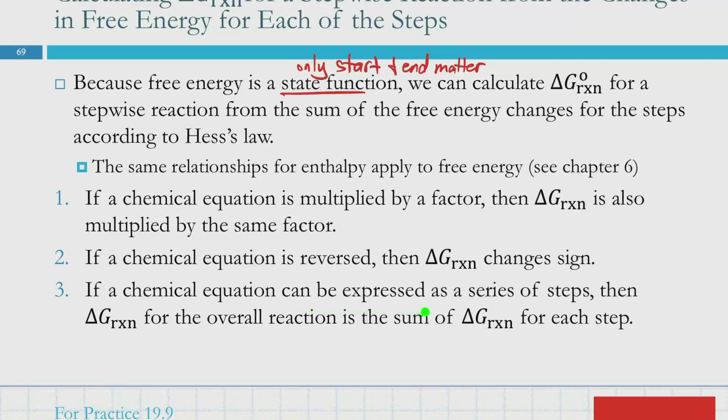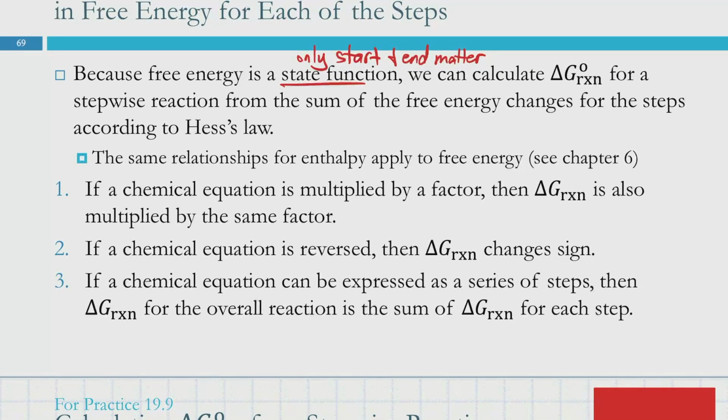And if it can be expressed as a series of steps, then our delta G for the overall reaction is the sum of the delta G for each of the steps. So we can just add them all up if it's like a set of sequential steps. Like if I climbed up 4 flights of stairs and then 5 flights of stairs, okay, I climbed a total of 9 flights of stairs. We're just adding them up. It's nothing crazy. We've done this before. Put a red box there in case you want to come back and look at them.